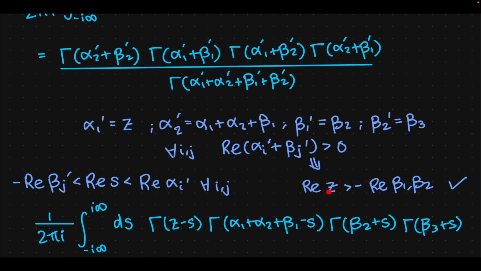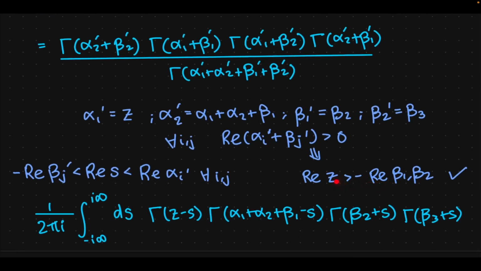And given such a split between z and the negative real part of beta 1, beta 2, we basically have to place our contour, real part of s, between alpha 1 prime and negative real part of beta j prime, which basically just ends up being this, which is true because of this relation that we're satisfying, real part of z greater than minus real part of beta 1, beta 2.